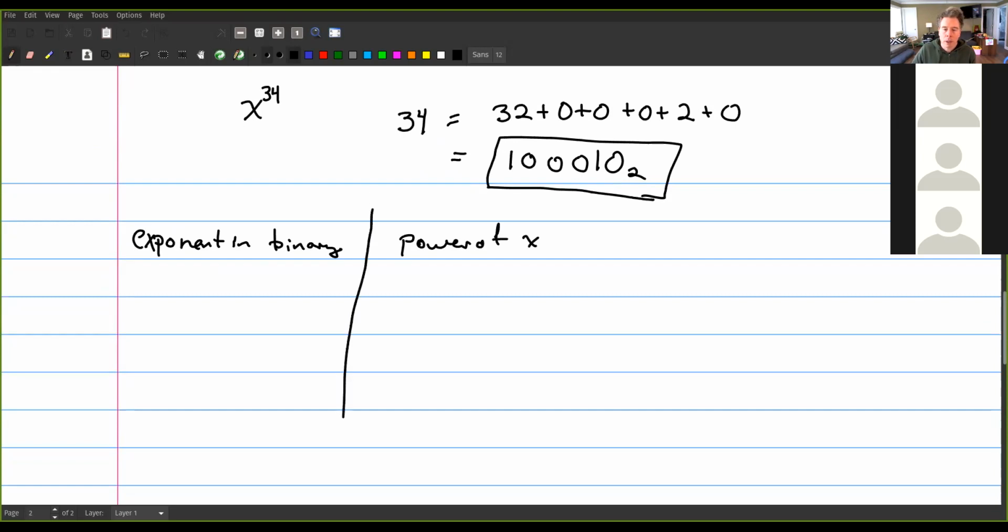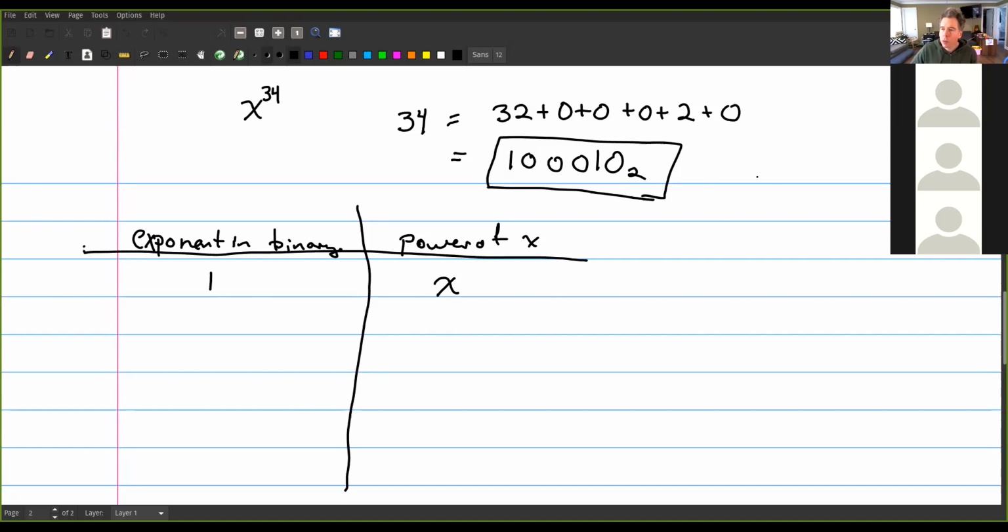Sometimes with these pads, it's hard to draw a straight line. Okay, that's close enough. So we'll start with just regular x. And so the exponent in binary is 1, which in binary is also 1.